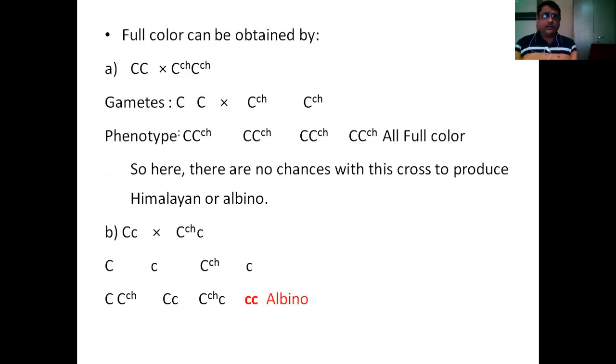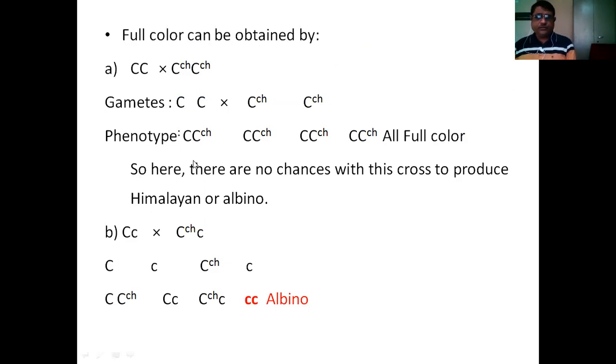Here in the solution, we can see that if we cross the pure full color rabbit with pure chinchilla, we will not get any Himalaya or albino in the offspring, as shown in this first case.